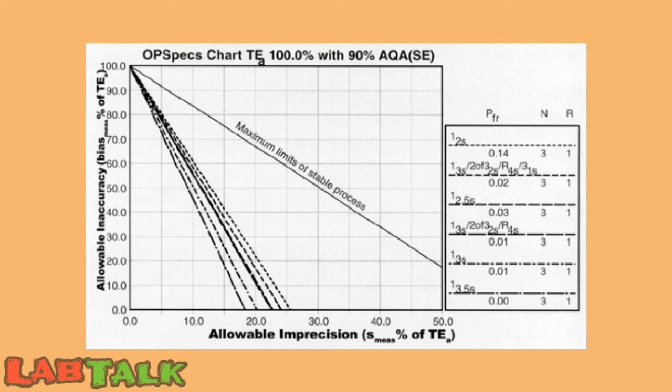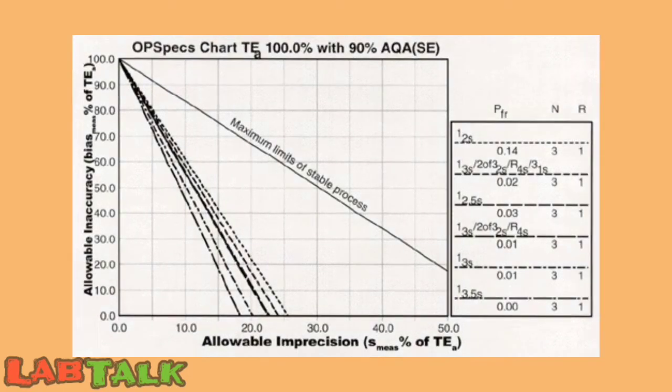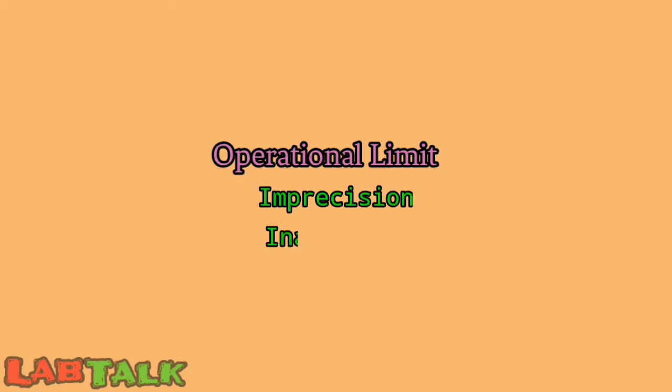These routine operating specifications are presented in the form of OP specs charts, which describe the operational limits for imprecision and inaccuracy when a desired level of quality assurance is provided by a specific QC procedure.